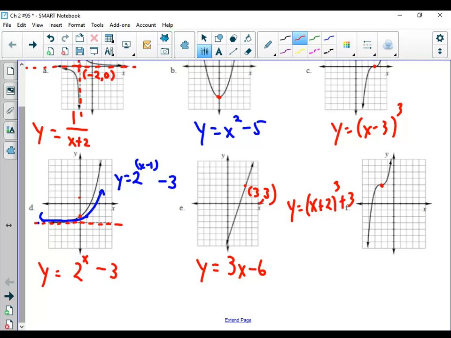Well, hopefully we're feeling pretty good about moving stuff around as far as our graphs are concerned. What we're going to look at today is what happens when we make another slight change to our functions.